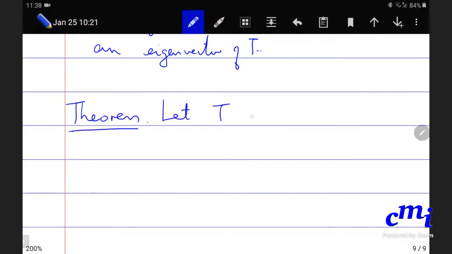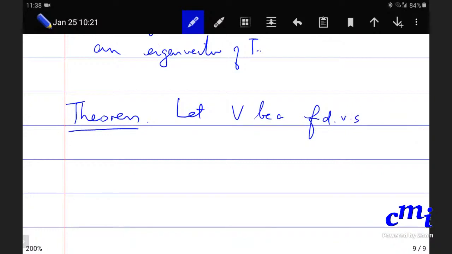So now we are assuming F is equal to C. Let V be a finite dimensional vector space. Throughout, I'm just going to write FDVS to denote finite dimensional vector space, since we have to write that a lot and it takes a lot of time.